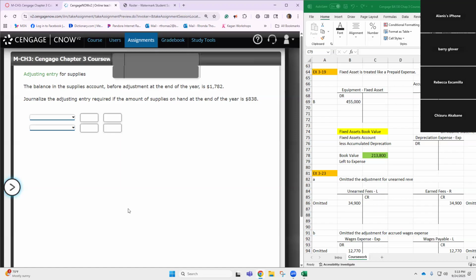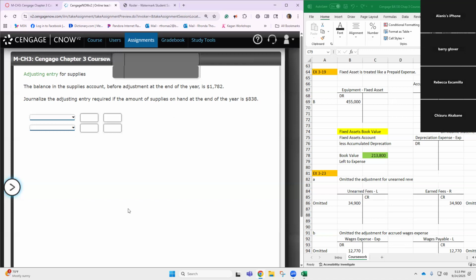What do you think goes with supplies? Is there another account that has the word supplies in it? That's right. So you can start thinking like that. So we're going to put supplies expense here, but we're going to have to solve for the amount that this account went down.